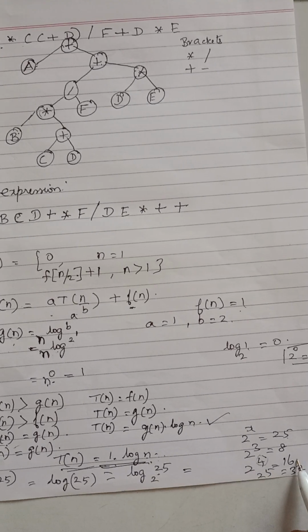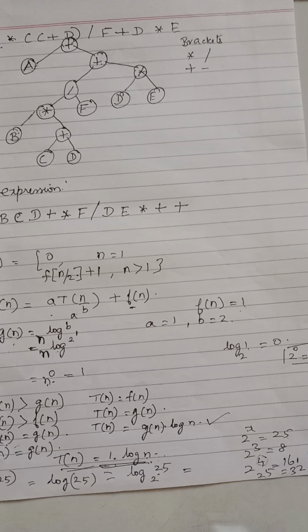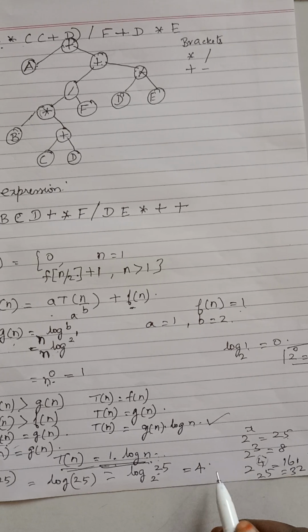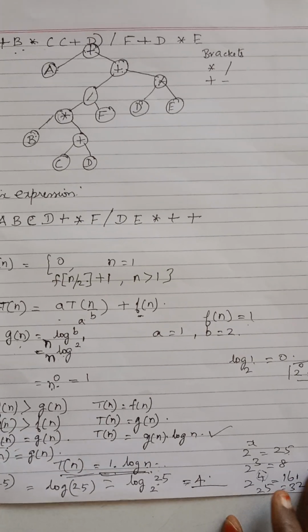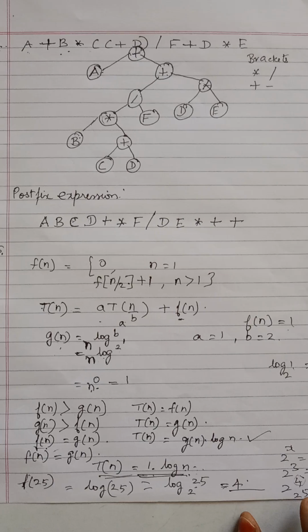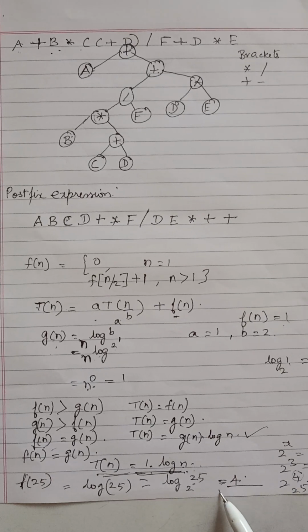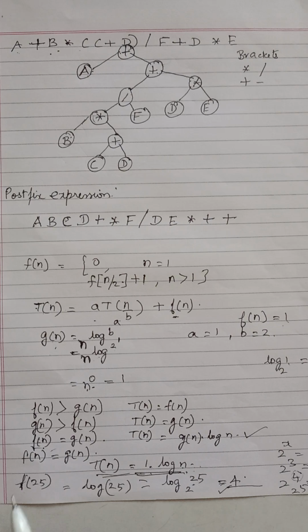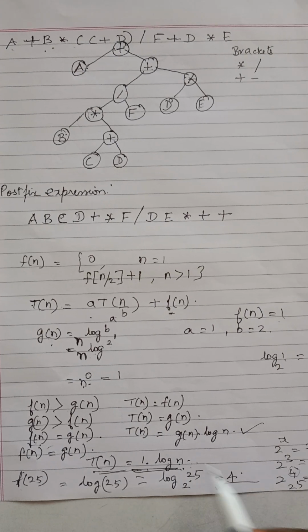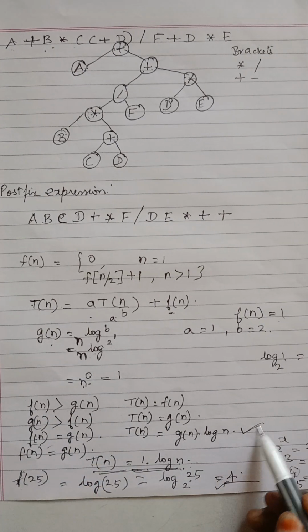So 25 is between 4 and 5. It will be somewhere 4 point something. In competitive examinations, we can't find the exact value, so we can write the value as 4. So the value of this function, that is f of 25, is 4, and the function returns the value of log n.